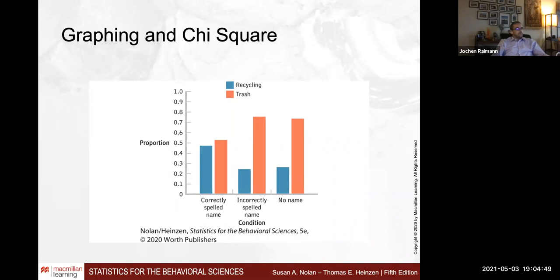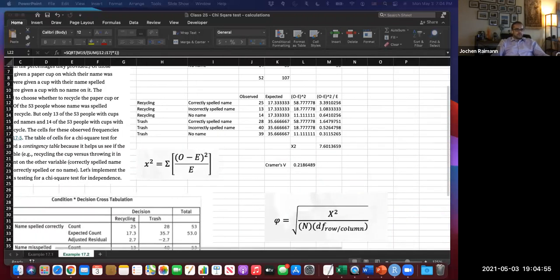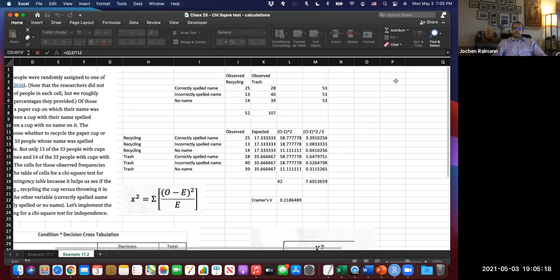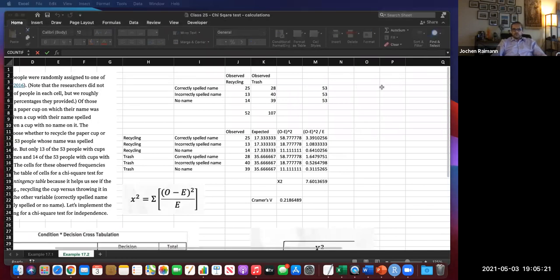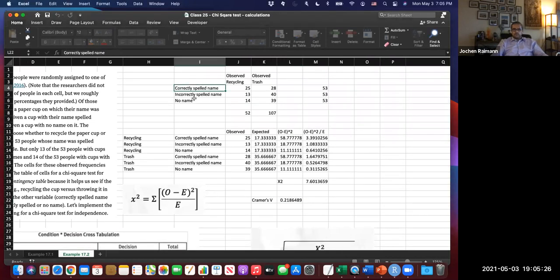All right. So these conditional probabilities are considerably easy to calculate. The only thing you need to know is each group. You essentially do nothing else but calculate the probabilities of each of these groups. So you have a certain marginal total, right? You have correctly spelled name, incorrectly spelled name, and no name.